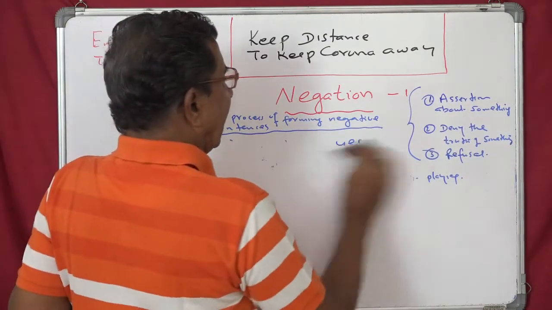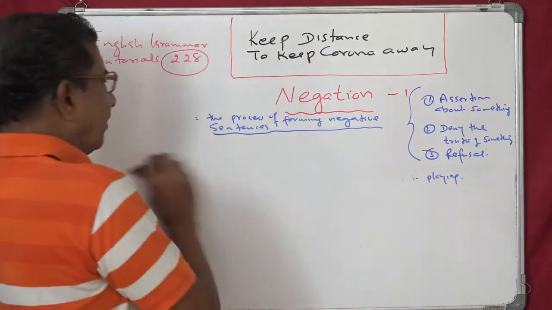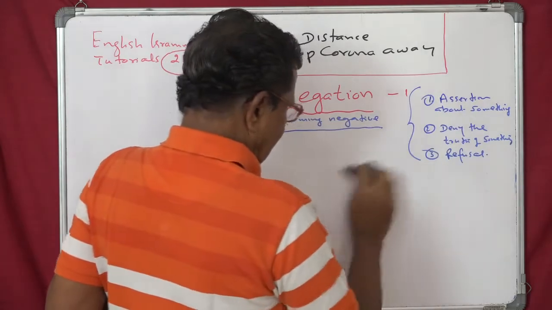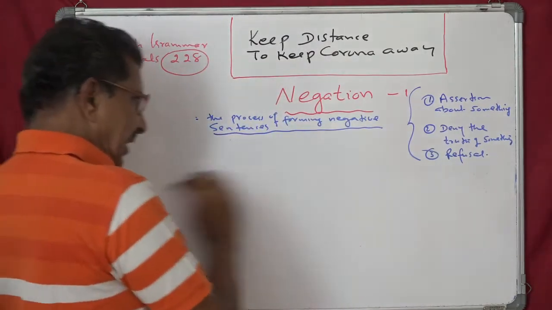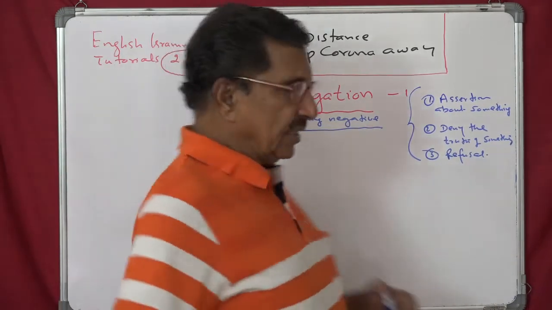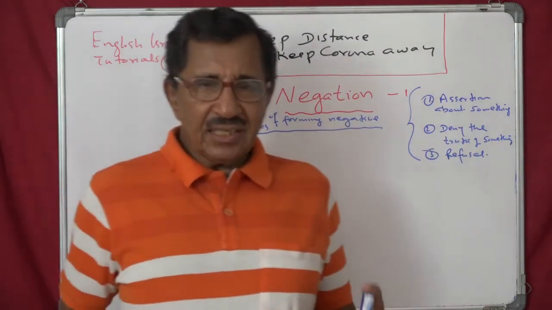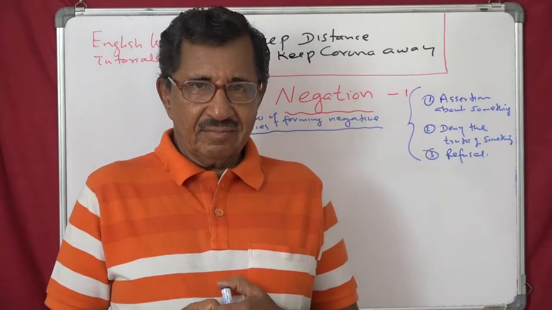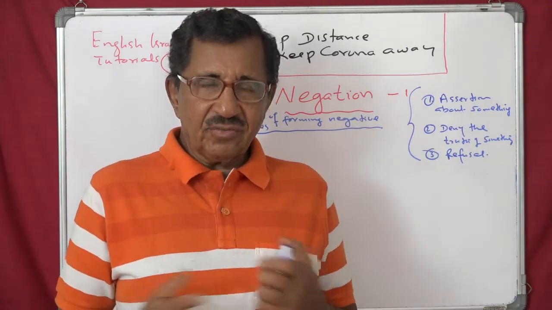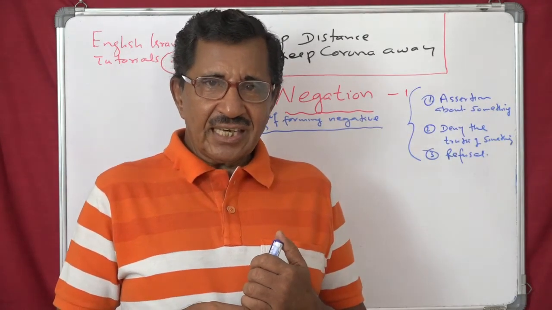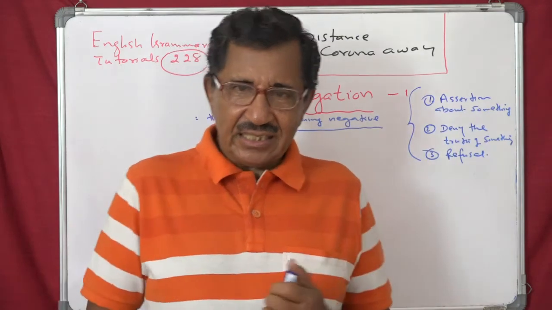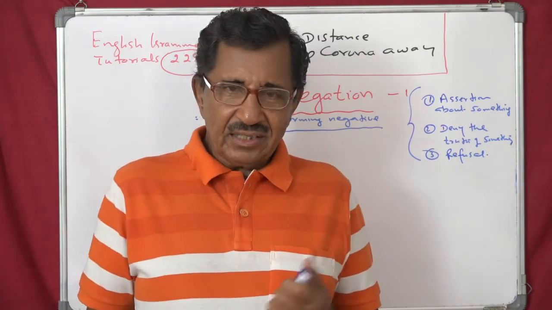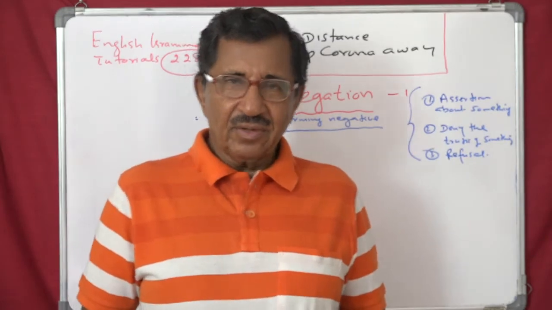Now, what are the functions? How to form negatives, we shall see later. What are the functions? First is making an assertion about something. The best way is to illustrate with an example.